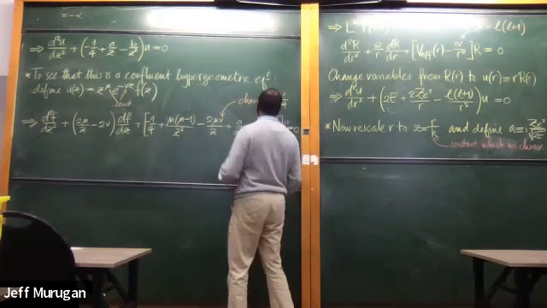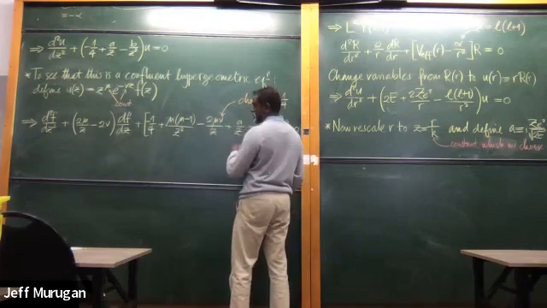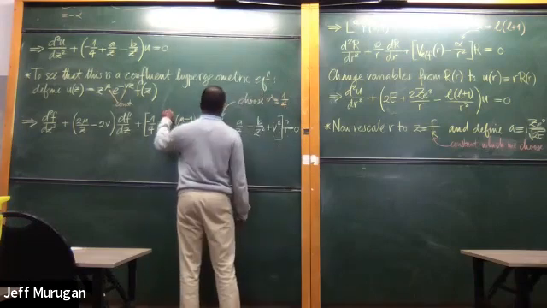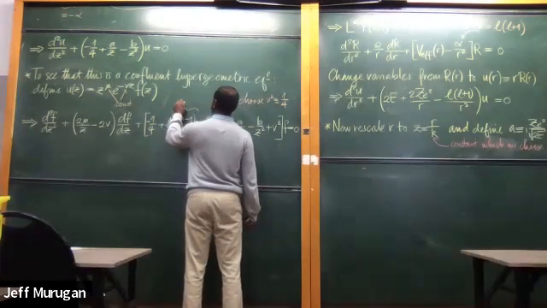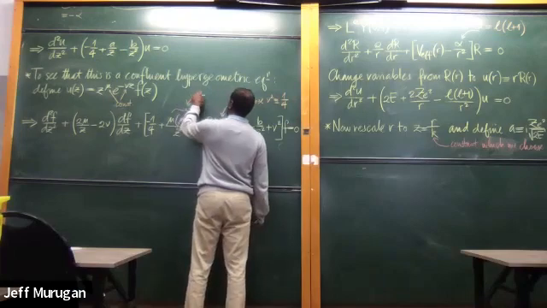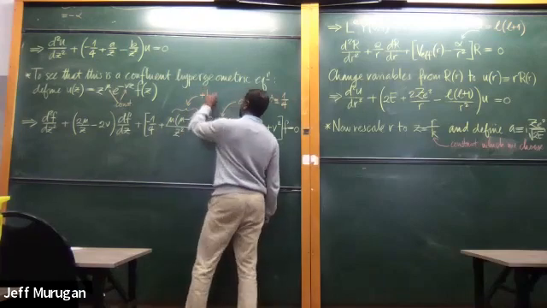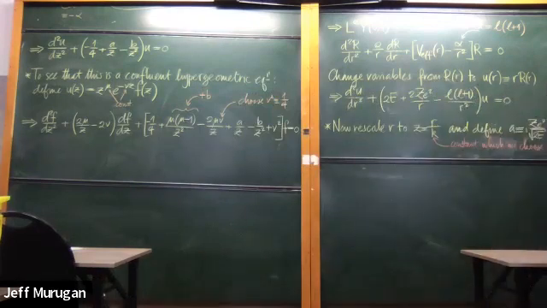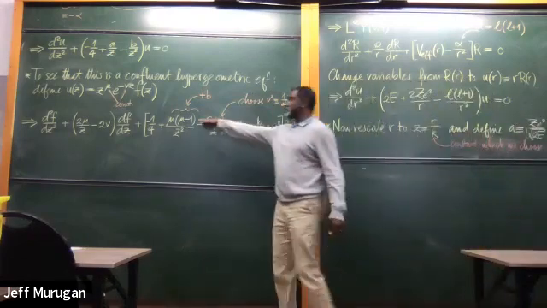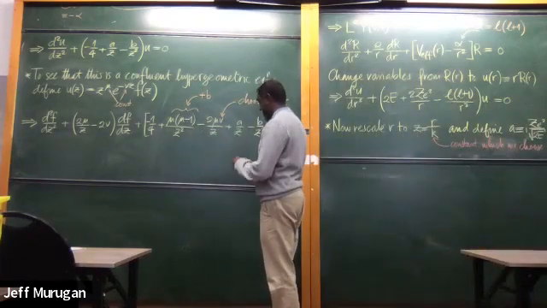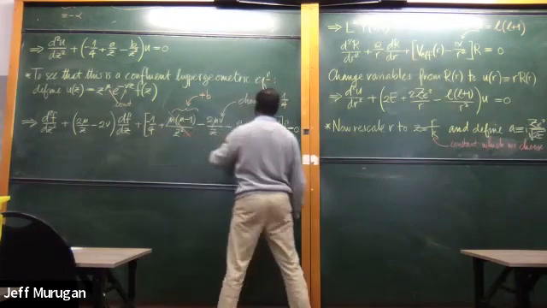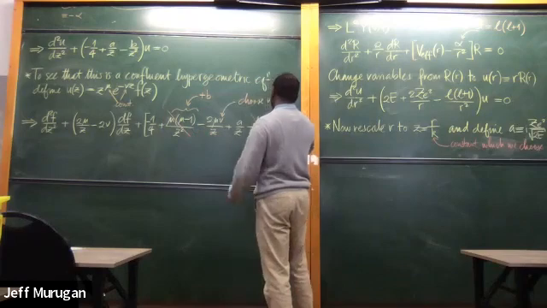And I'm going to choose this guy here to be plus B. So B was, remember, fixed. B was L times L plus 1. I'm going to choose mu times mu minus 1 equal to L times L plus 1. And that will cancel out these two terms. So these terms are cancelled.